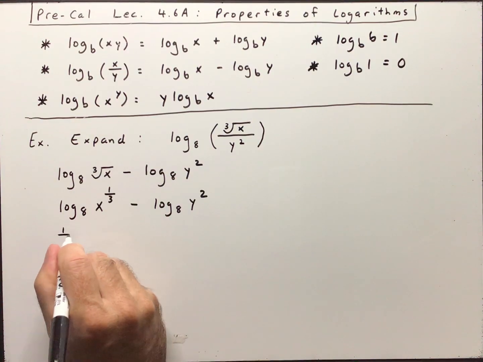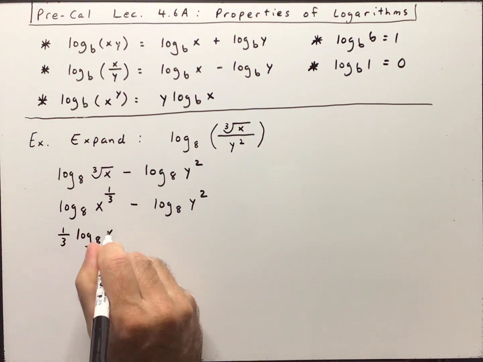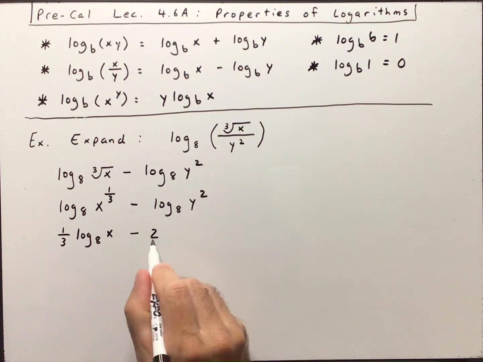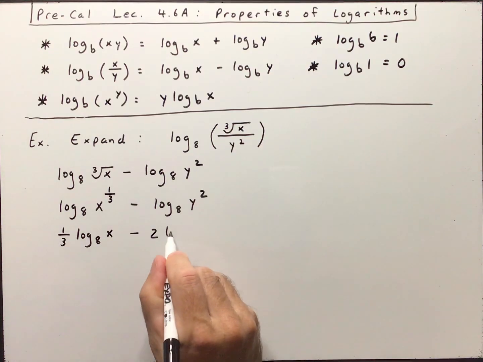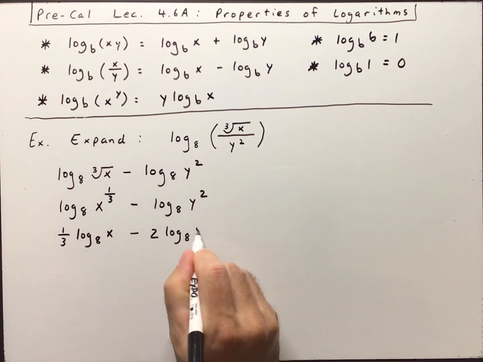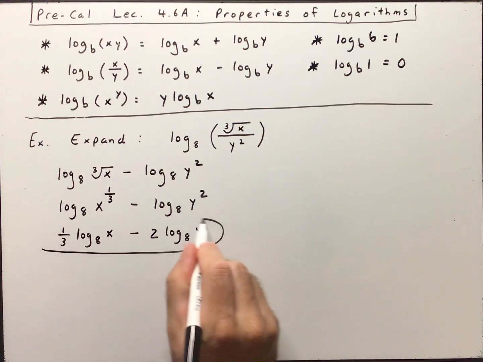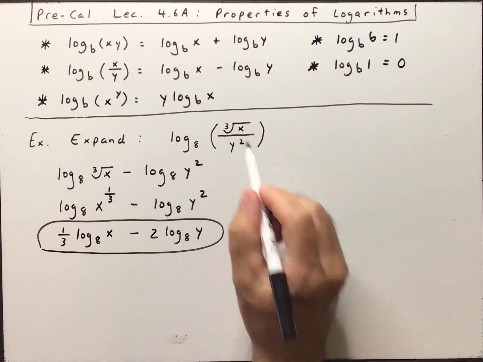So that's going to be 1/3 log base 8 of x minus 2, bring that 2 out front, log base 8 of y. And that's all we can do. Really can't do any more there. So that's our completely expanded version of this.